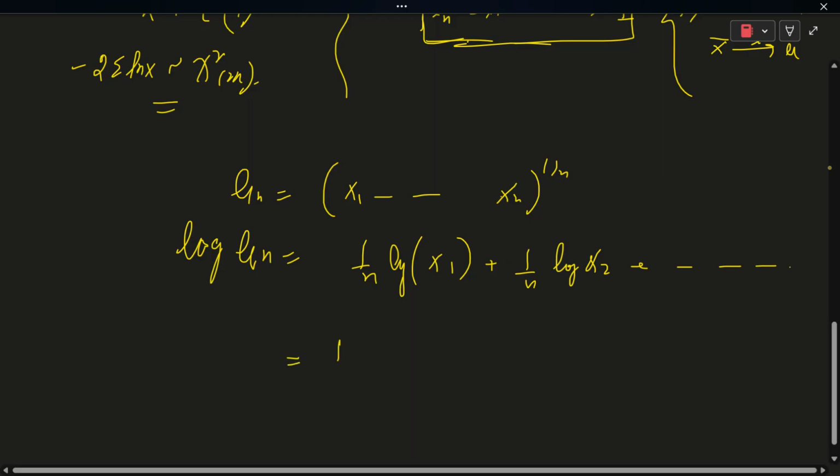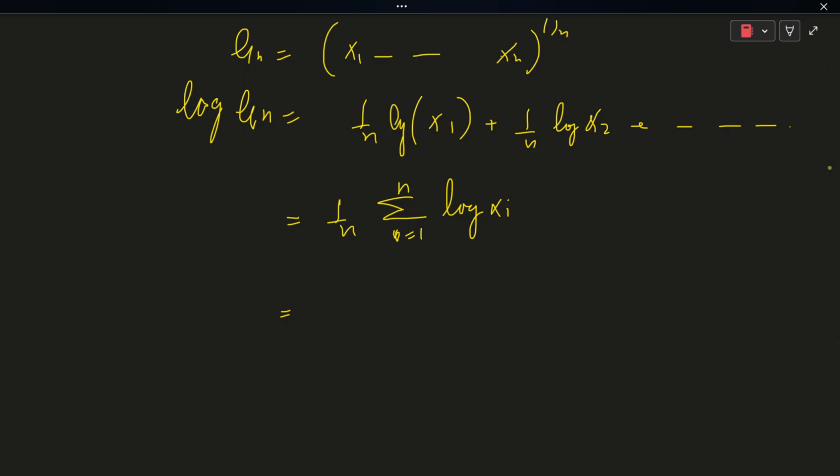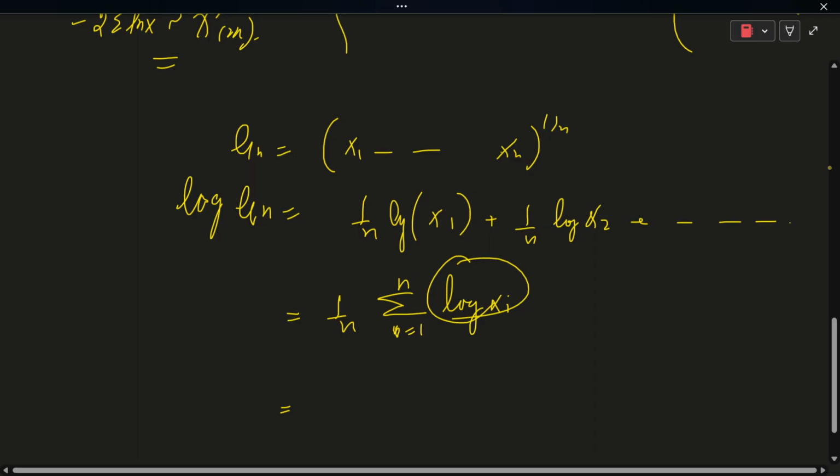So this is 1 upon n summation i equal to 1 to n of log xi. What is the value of this? Minus log xi is yi.